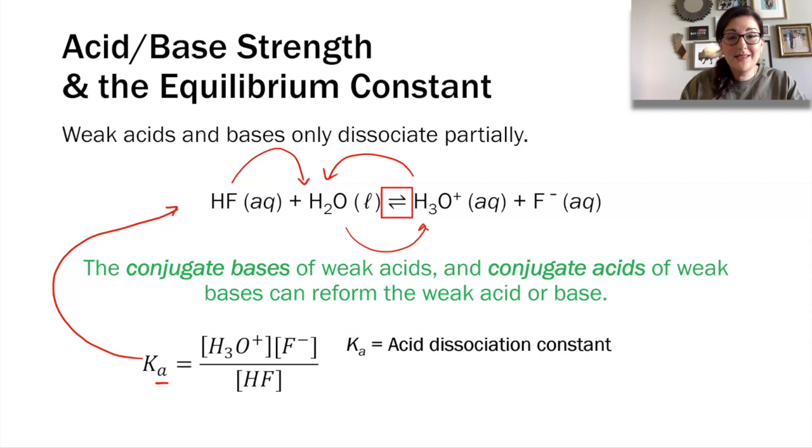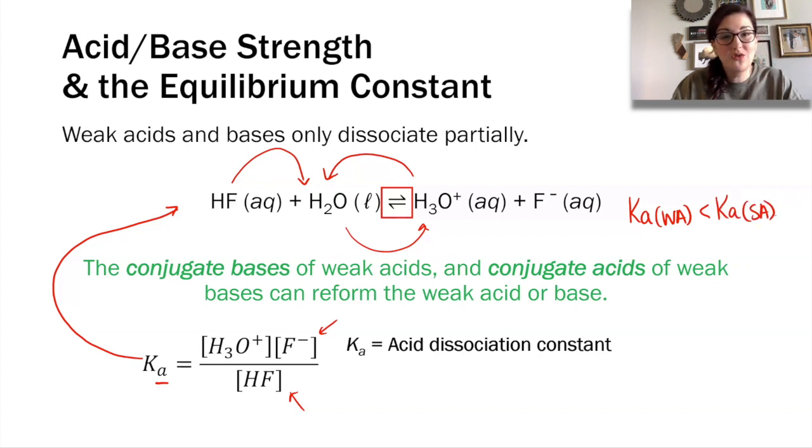That probably means that for HF, compared to HCl, we probably have fewer moles of our product, and we definitely have more moles of our HF. So that means that the Ka of a weak acid is going to be smaller than the Ka of a strong acid.